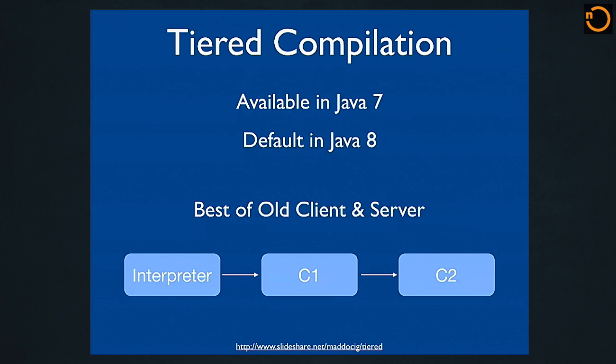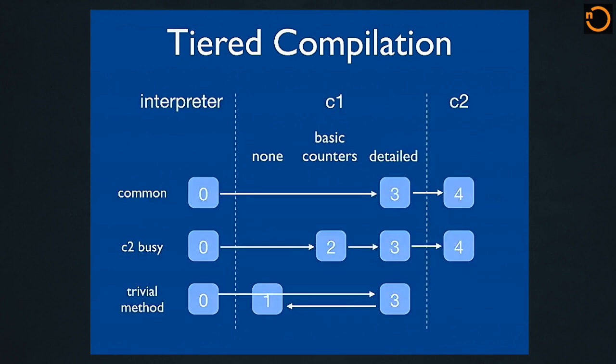And now the tiers. We saw tiers 3 and tier 4. What happens to tier 1 and 2? Yeah, we don't use those most of the time. Rather than just going from interpreter to C1 to C2, that is, interpreter to the client compiler to the server compiler, the scheme is slightly more complicated.